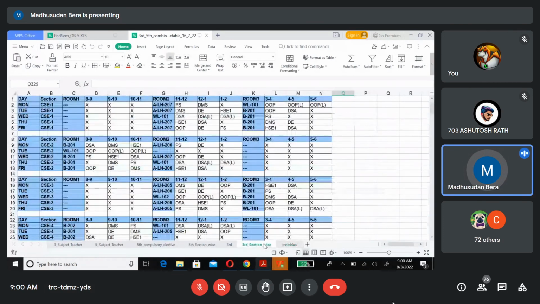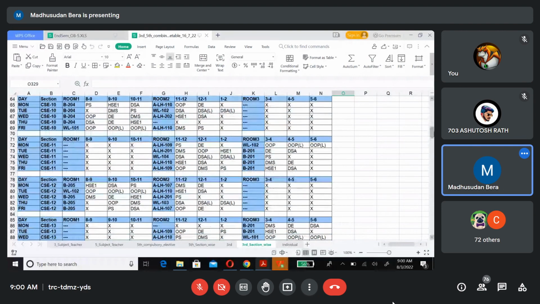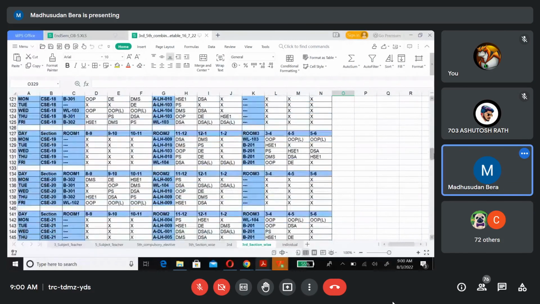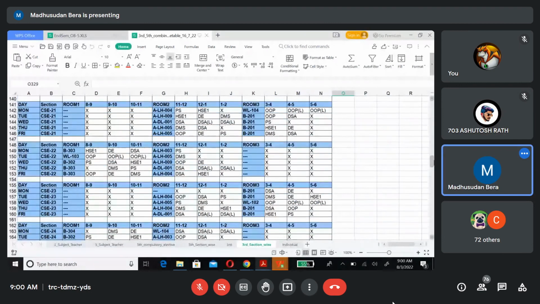Third section wise. Okay, we have class 10 to 11. Can I take today 1 to 2?